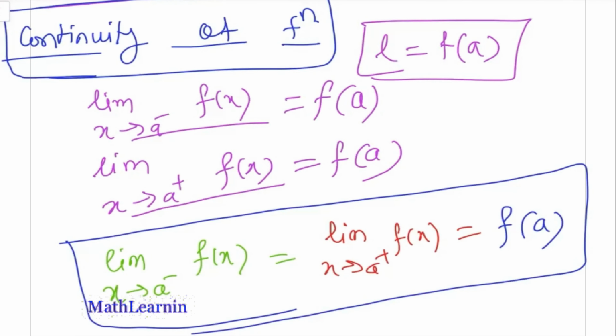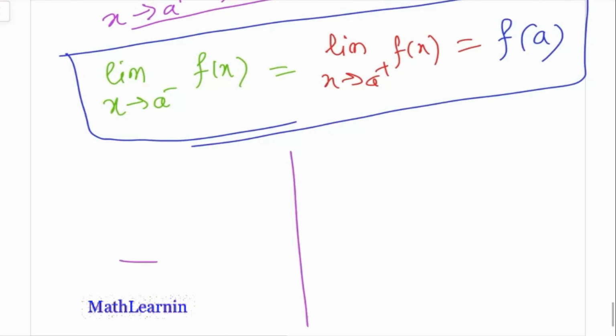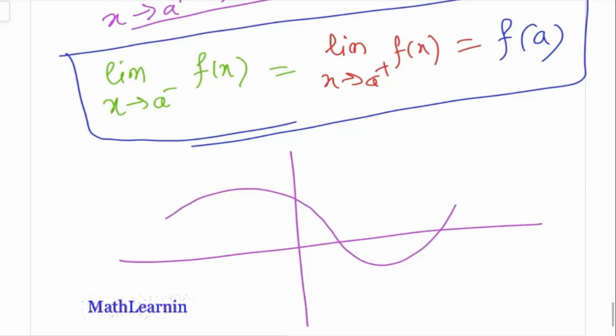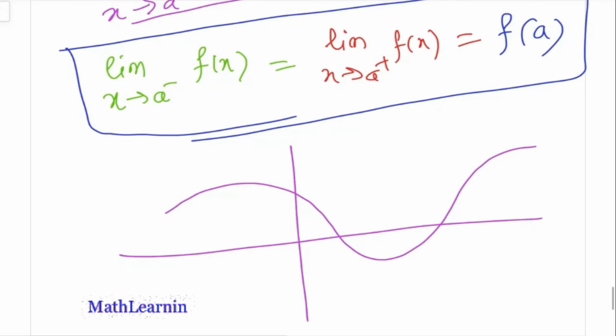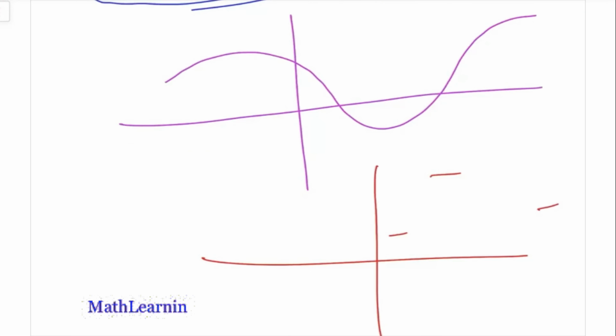Basically, continuity means that if you draw the graph of a particular function and the graph is not breaking, then you say that the function is continuous. Now the step functions or greatest integer functions are breaking. For some point it is here, for some it is there. So there is no continuity in the graph.